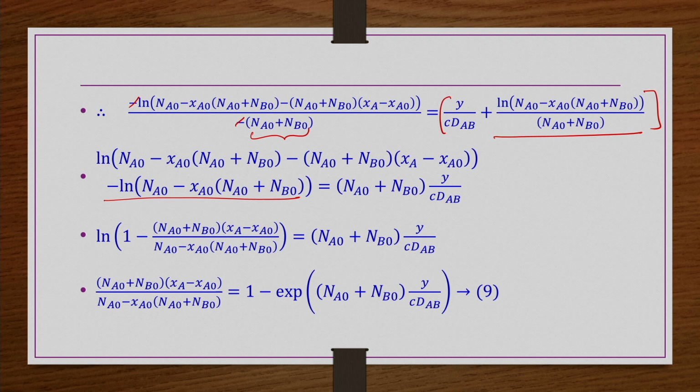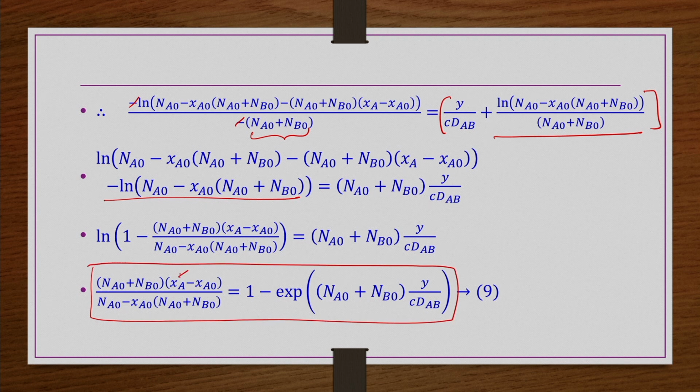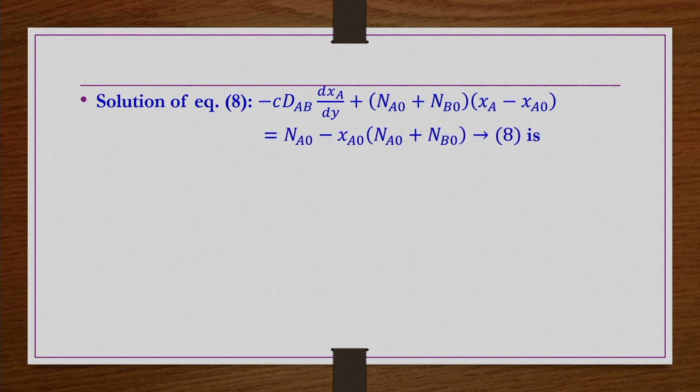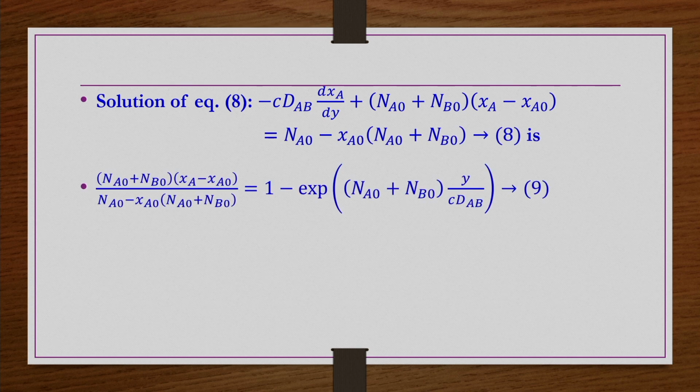So after removing this ln in terms of exponential, right, this is the expression for the concentration profile XA as a function of y for the second case. Right. So now for this equation number 8, equation number 9 is the solution.